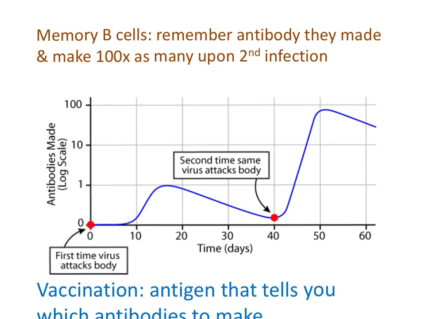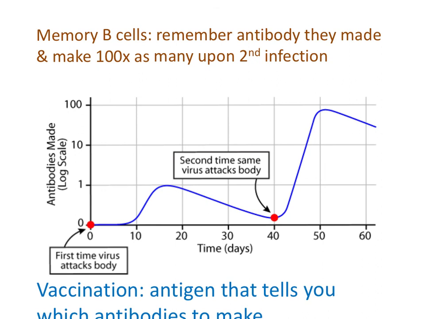There are some diseases that you might get one time and never get again. Like back in my day, it was chicken pox. Now kids get vaccines and you probably had the vaccine. But I had chicken pox as a kid, and they say the chance of getting chicken pox again is extremely low because the chicken pox virus just doesn't change that much, and my body will remember that foreign pathogen, and then it doesn't have to go through all those steps again.